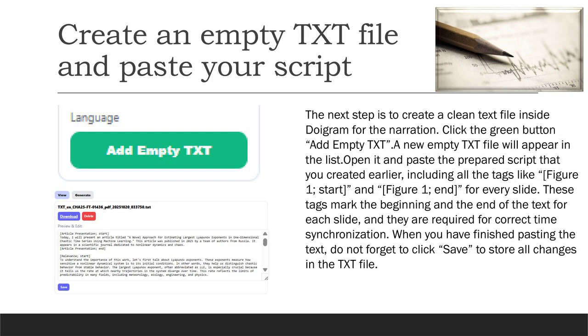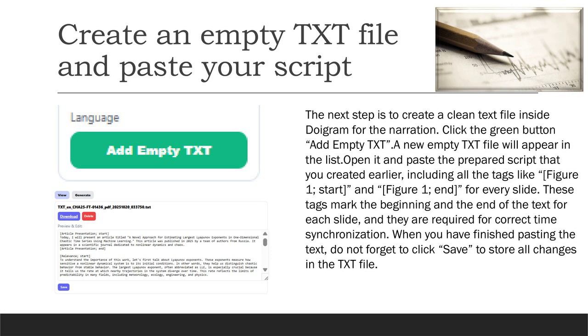The next step is to create a clean text file inside Doigram for the narration. Click the green button, Add Empty TXT. A new empty TXT file will appear in the list of media files. Open this file and paste the prepared script that you created earlier, including all the tags for each slide.